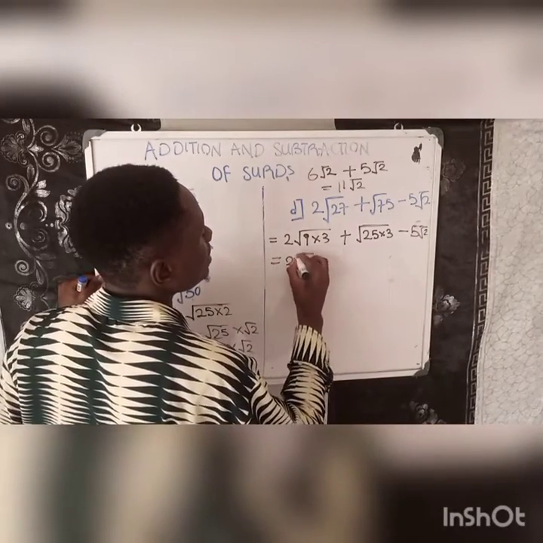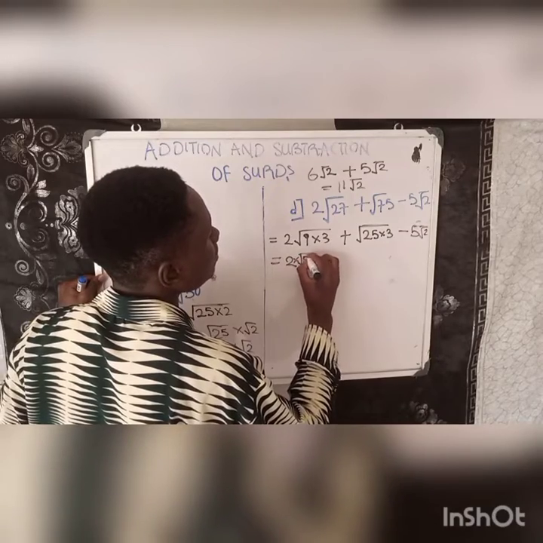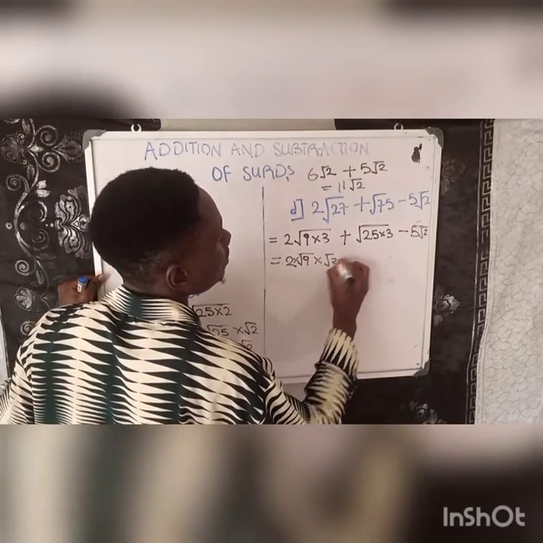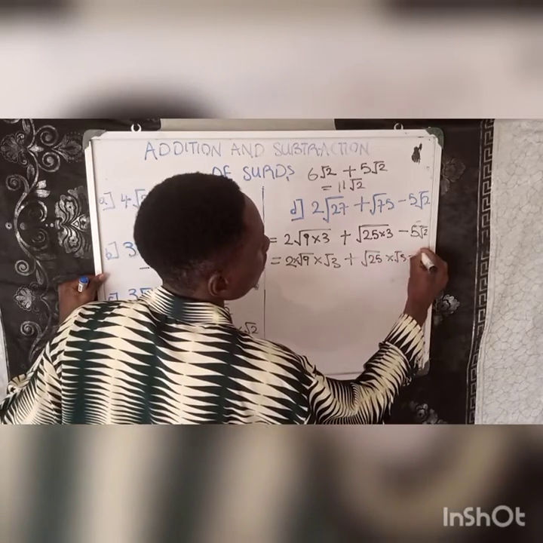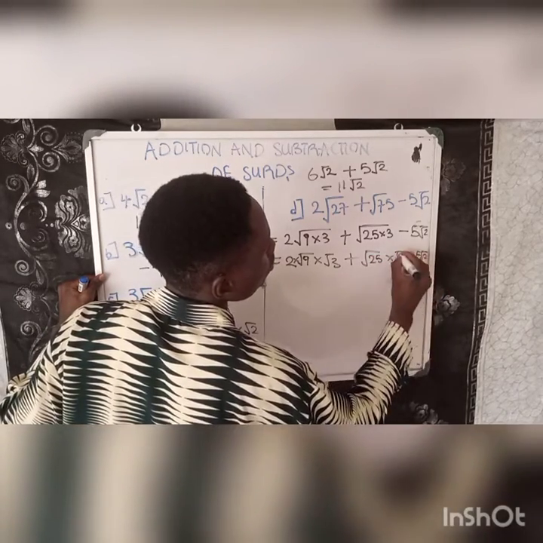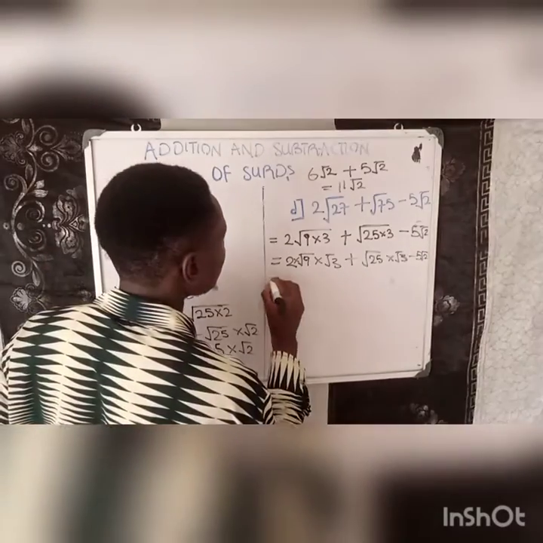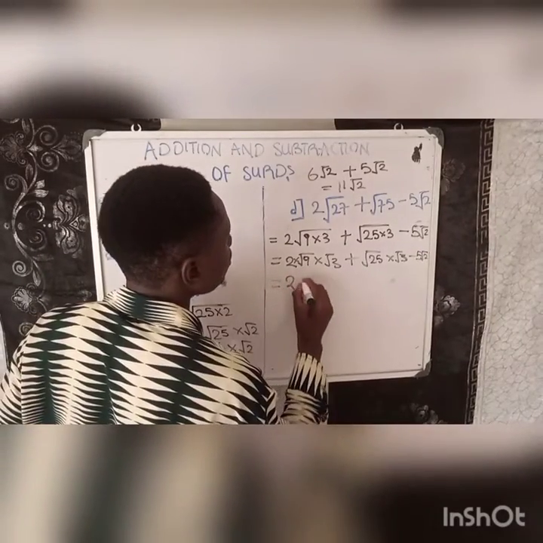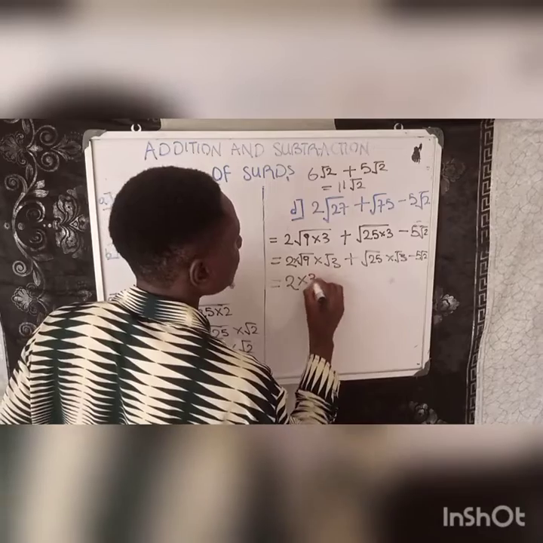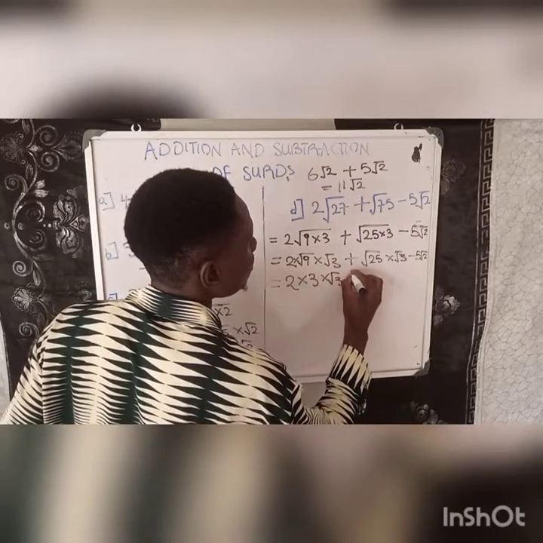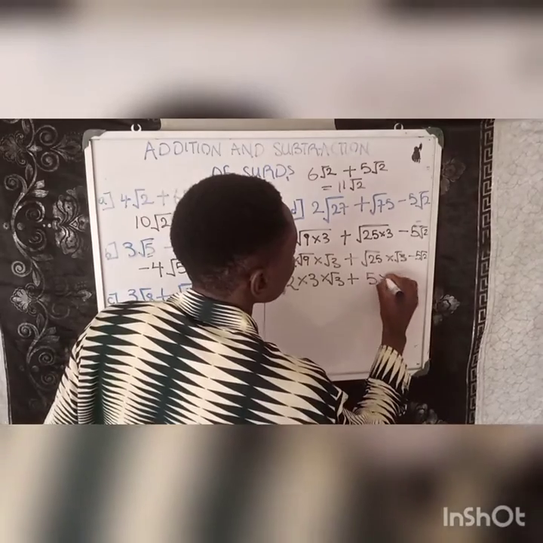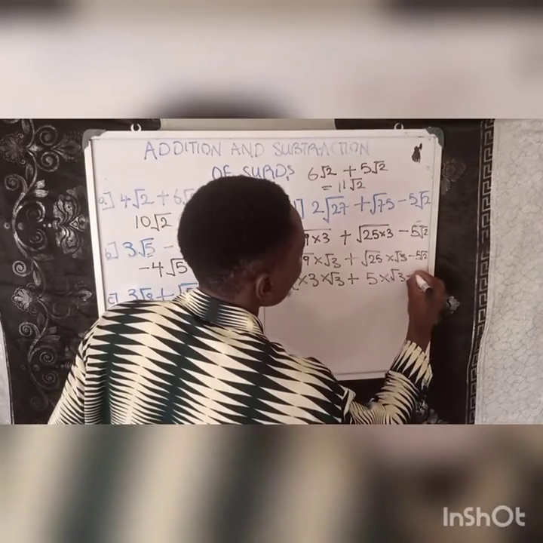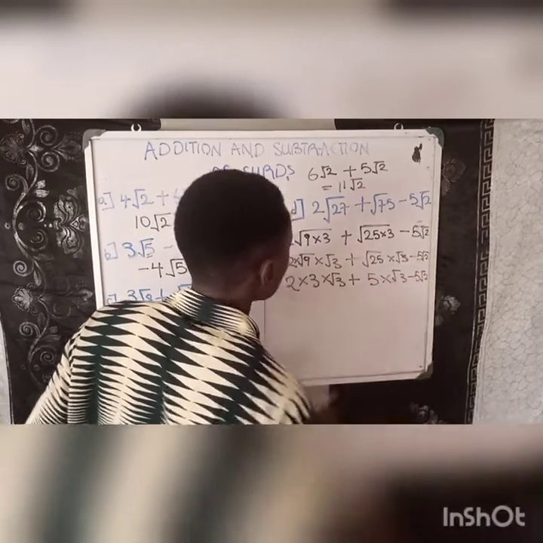We split this: 2 times root 9 times root 3, plus square root of 25 times square root of 3, minus 5 root 2. This becomes 2 times square root of 9, which is 3, times root 3, plus square root of 25, which is 5, times root 3, minus 5 root 2.